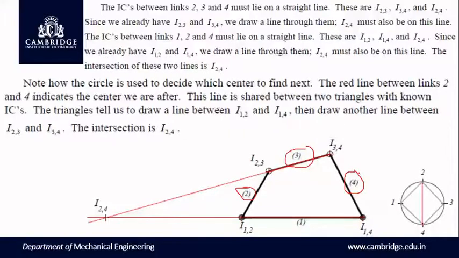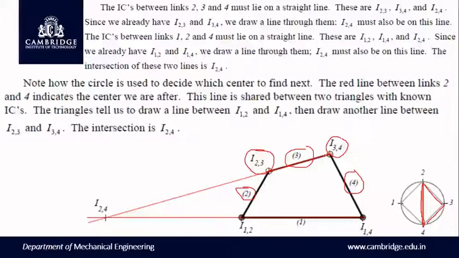Hence, let us take instantaneous center 2, 4. If you want the IC24, I am drawing a red line inside the circle. So we need to produce the line joining IC23 and IC34. So we have I34 and I23 here.